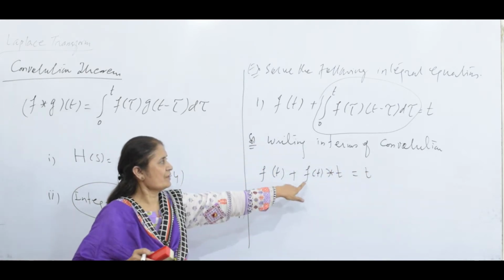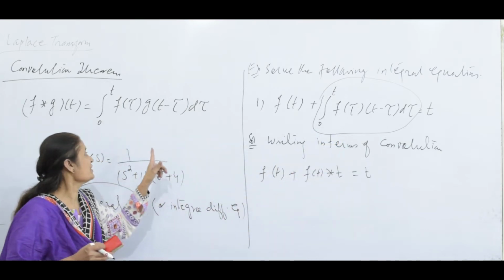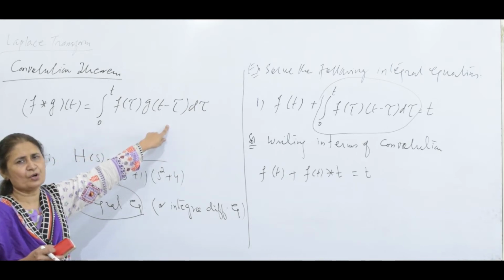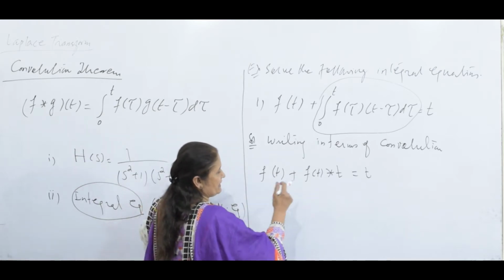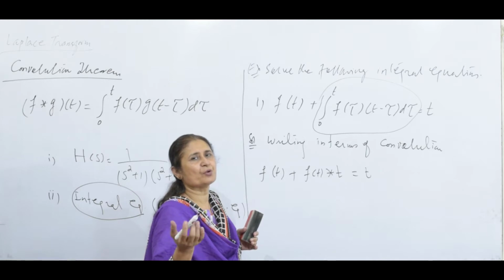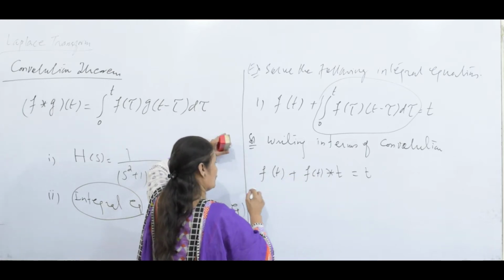This is the way you write this integral in terms of convolution. You have seen the definition: f convolve g is the integral of f(tau) g(t minus tau) d tau, with limits 0 to t. For every integral equation or integro-differential equation, the first step is writing it in terms of convolution.